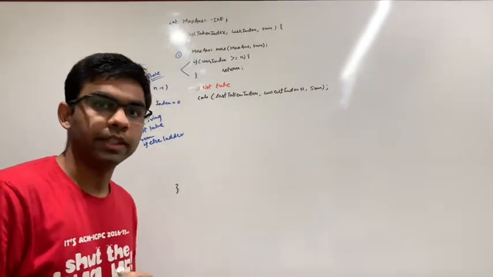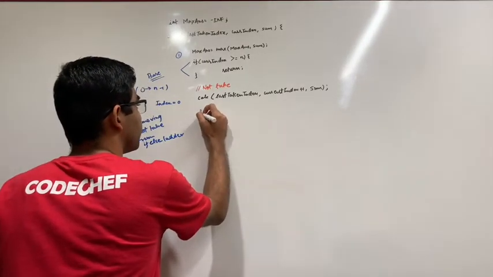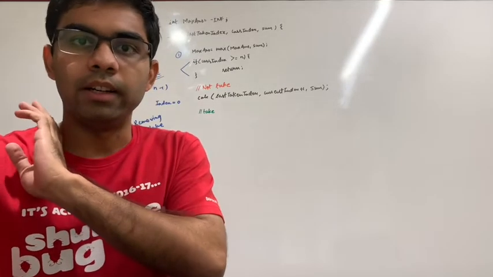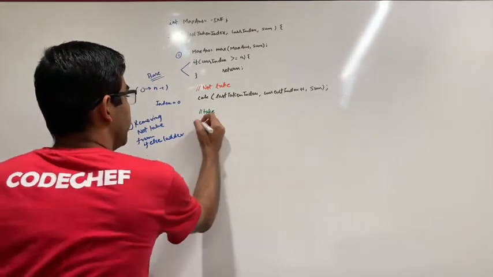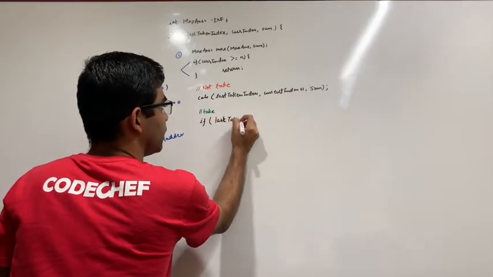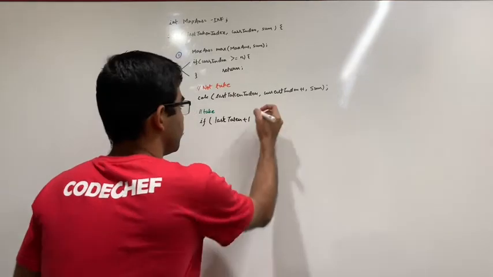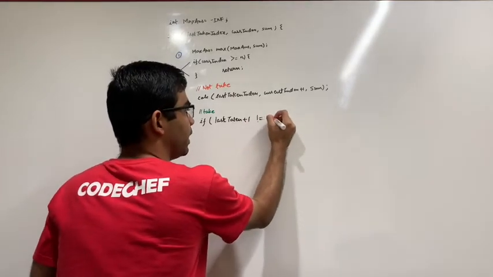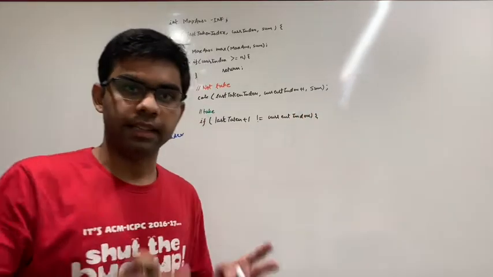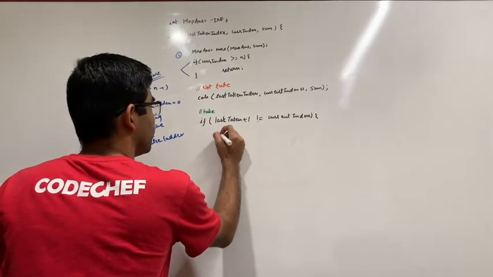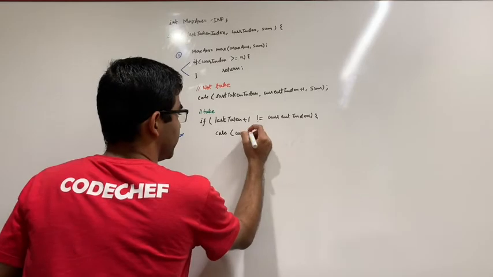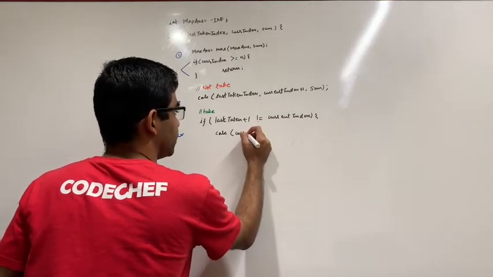And for the take condition, my take condition is dependent on one decision, that is, if my last taken index plus 1 is not equal to my current index, then I'll take the element. And now I'll give the value of last taken index as current index.